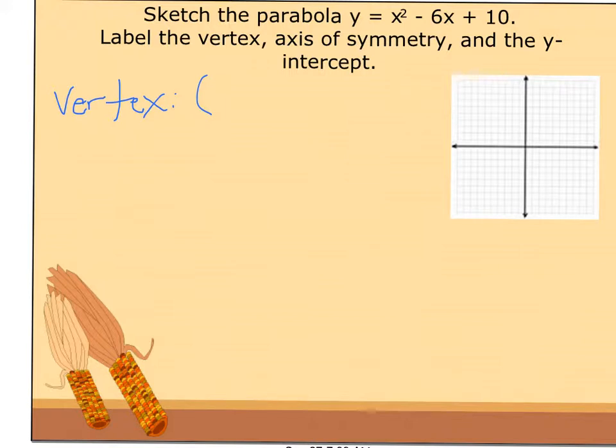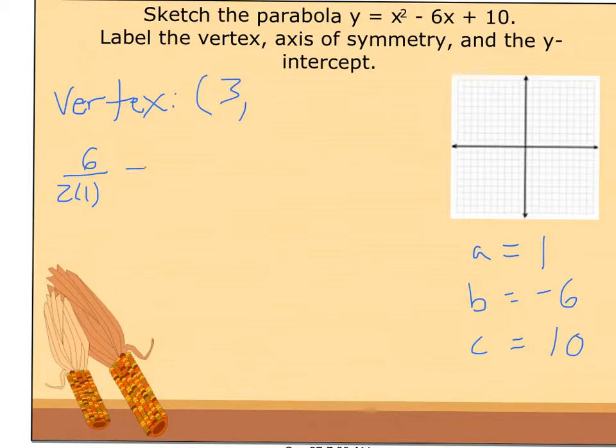It's probably worth defining right here that in this equation, a is 1, b is negative 6, c is 10. Negative b over 2a would be 6 over 2 times 1, which ends up being 3. That tells me right there that the x-coordinate for the vertex is 3.